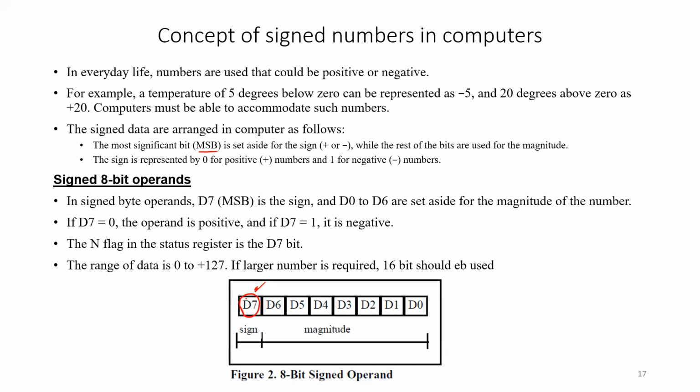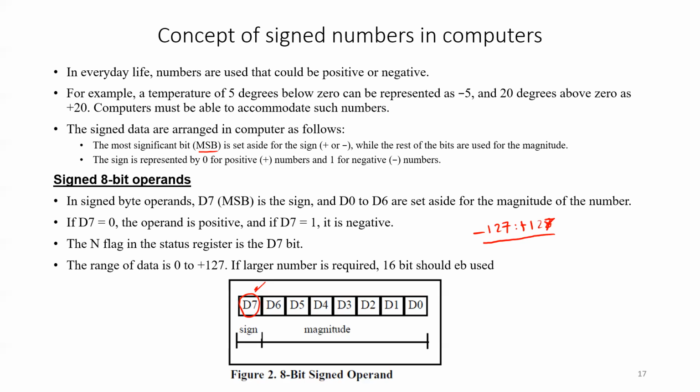So the maximum data that we can represent in an 8-bit microcontroller in the case of signed data would be only 127. It can be either plus 127 or minus 127. So we have a range of data from minus 127 up to plus 127, which we can represent in the 8-bit microcontroller.